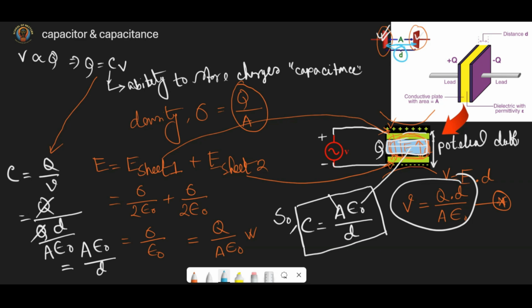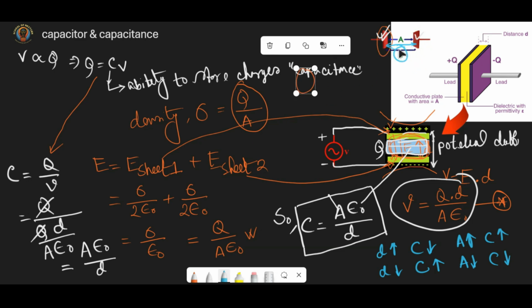Now if the distance is increased, it means the capacitance will be decreased, and if the distance is decreased, the capacitance will obviously be increased. Similarly, we could conclude that if the area is increased, the capacitance will also be increased, and of course when the area is decreased, the capacitance will be decreased.